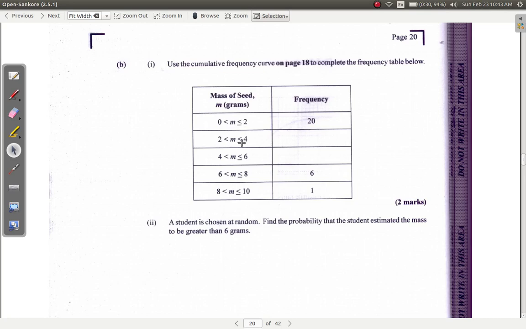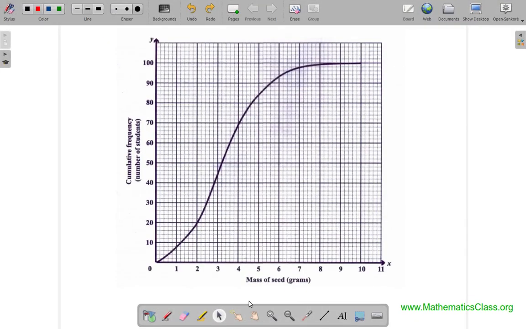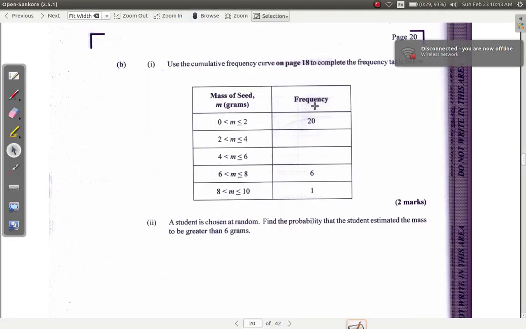Okay. Now, 2 to 4. M greater than 2 and less than or equal to 4. What do they ask for? They ask for frequency, not cumulative frequency.